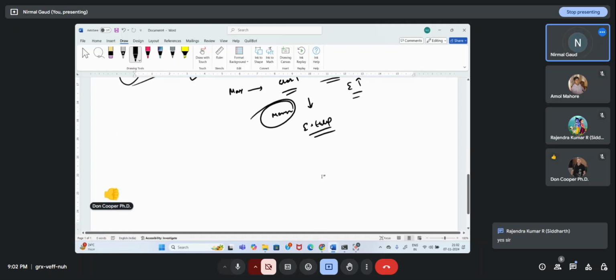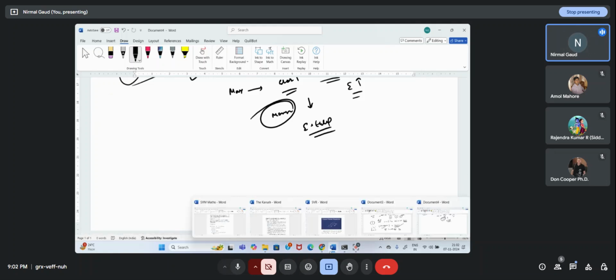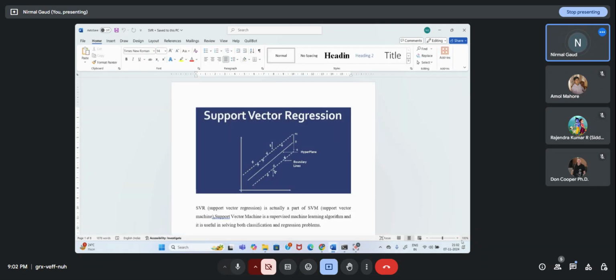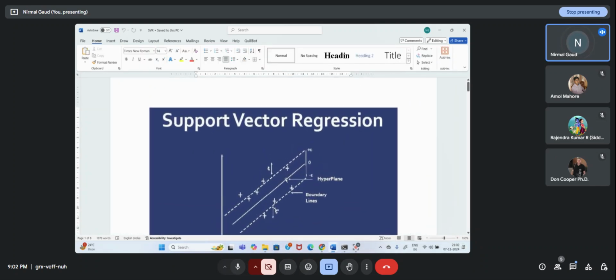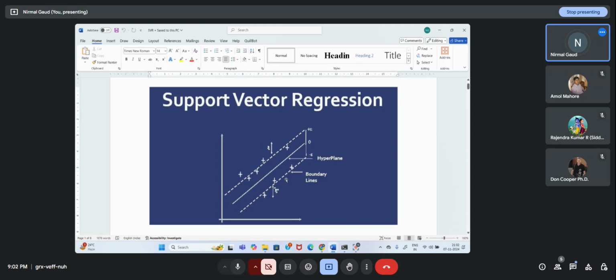All right. So, that is the concept of epsilon tube and support vector regression. Let me start from here. Let me start it again. I introduce the topic, and all these things we are going to cover in support vector regression.